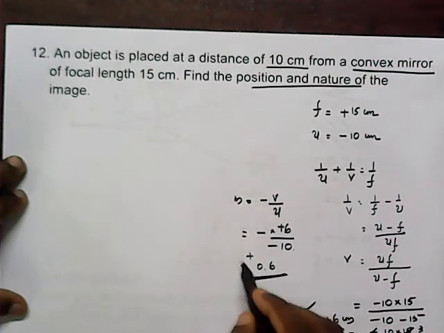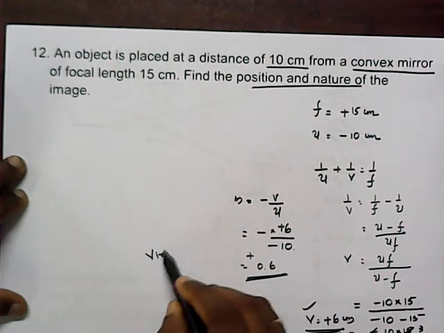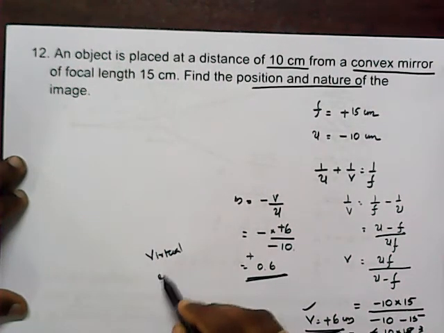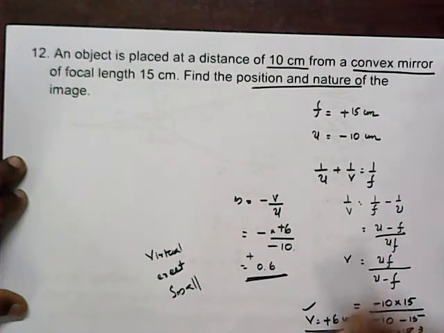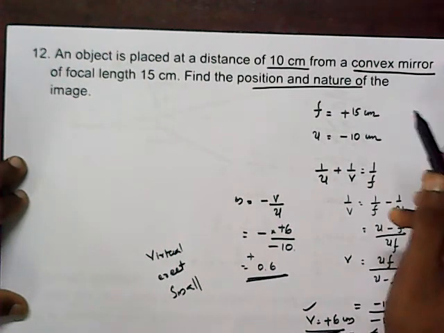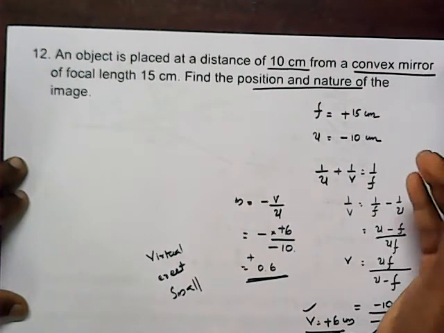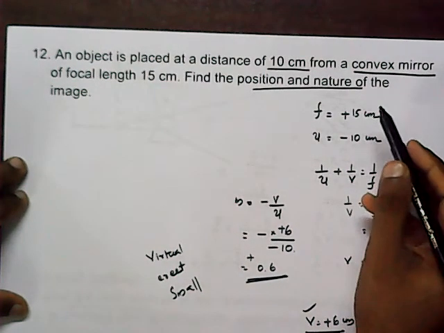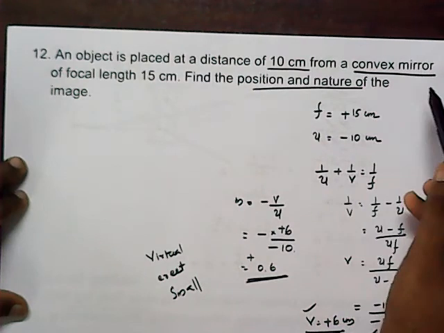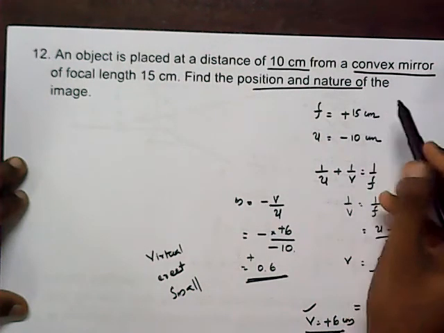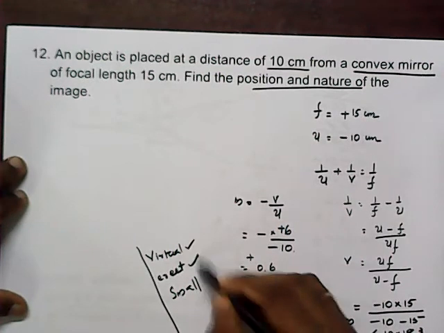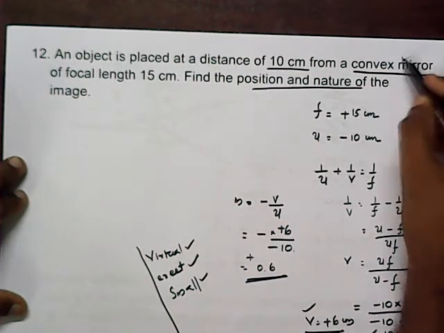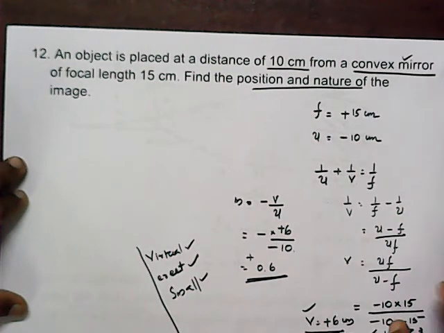Because of the positive sign, we can certainly say it is virtual and erect, small, and because of the plus, on the other side. It is not needed to draw the diagram. So we get the concept here: virtual, erect, small, on the other side of the convex mirror. A good question.